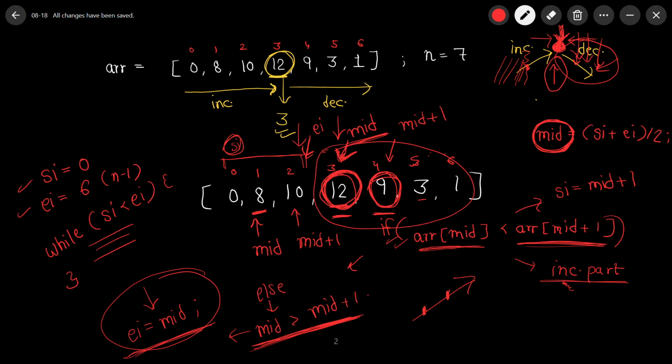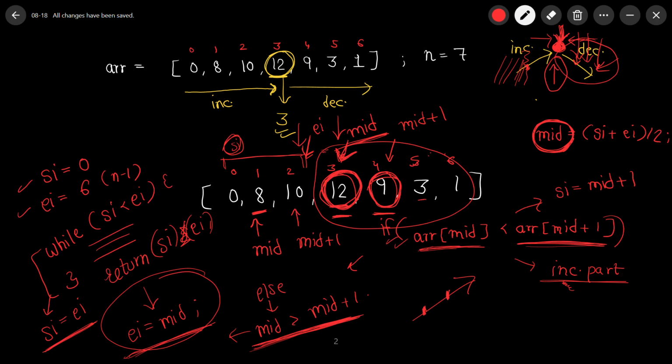As soon as we break out of it, that means our starting and ending index converge, and the algorithm will run in such a way that it will always converge at the peak index only. So at the end, we would return nothing but our starting index, or alternatively, ending index also we can return. Any one of the above.